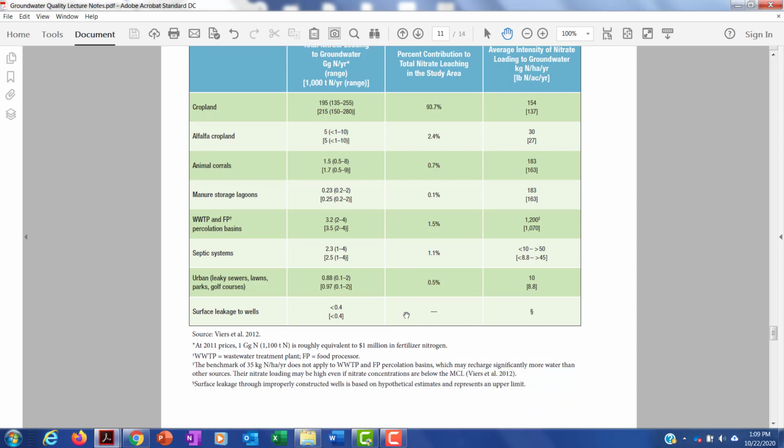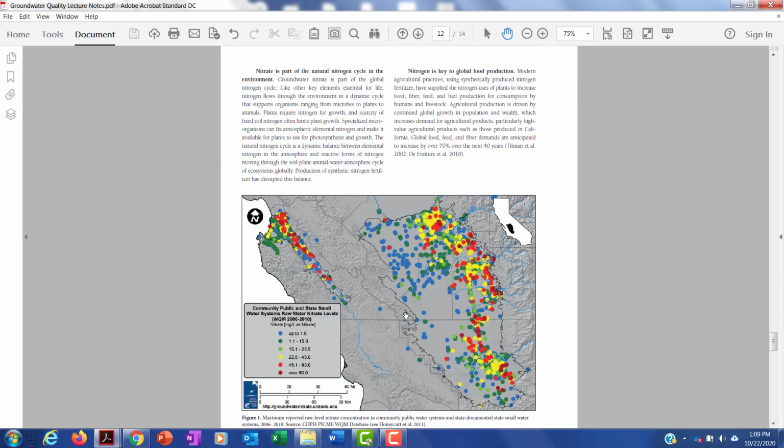I want to move on. That's the nitrate problem in California. This is just a map to illustrate that tool that I introduced you to. This is a plot from that tool that shows that a red dot is a well with nitrate above 10 parts per million. This is the Salinas Valley area, a very known high-impact area with lots of agriculture.